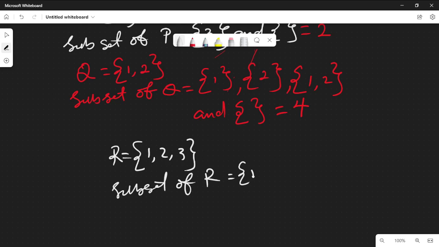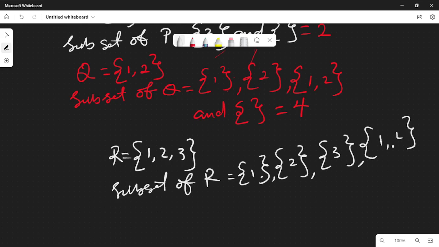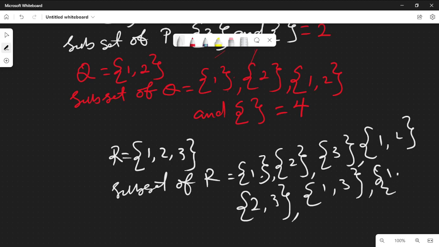I can have it to be 1, I can have it to be 2, I can have it to be 3, I can have it to be 1 and 2, I can have it to be 2 and 3, I can have it to be 1 and 3, I can have it to be 1, 2, 3, because a set is a subset of itself, and an empty set.